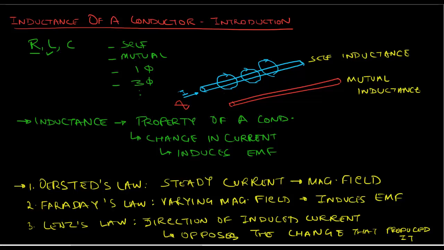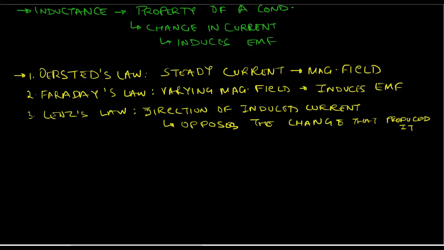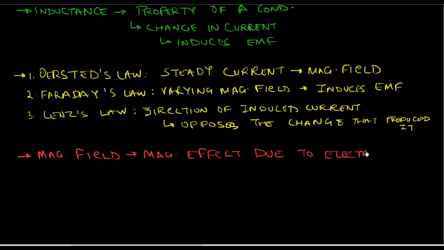Now let's look a little bit deeper. Let's go back a step further and define what a magnetic field itself is. Magnetic field is basically the magnetic effect due to electric current.